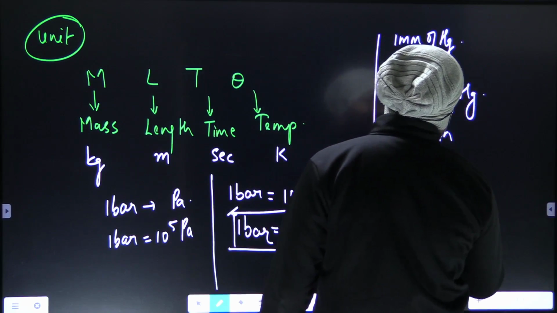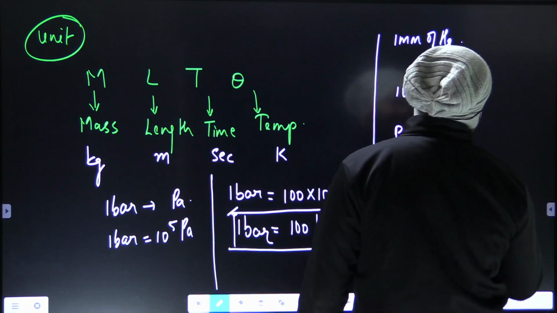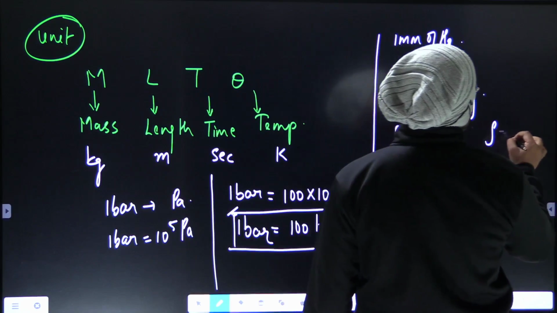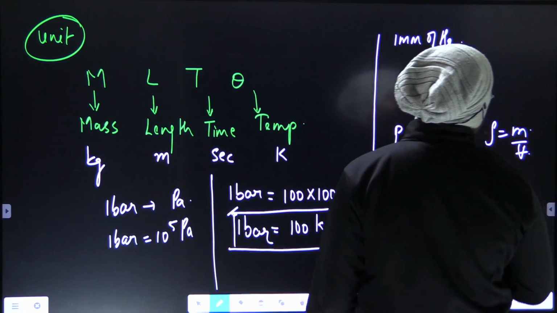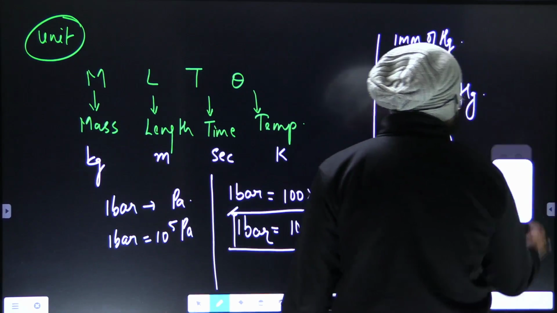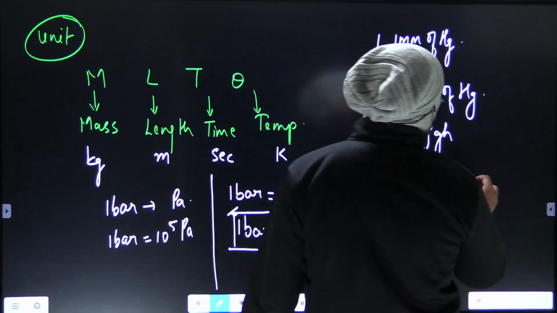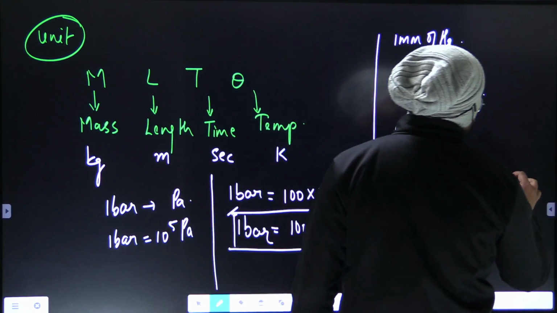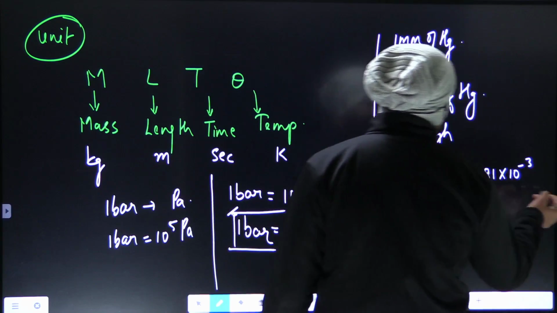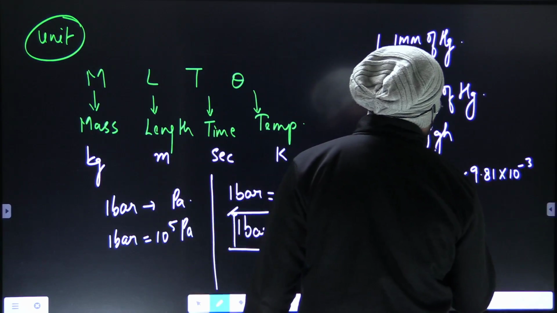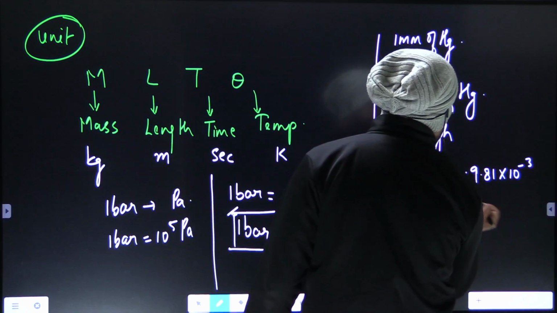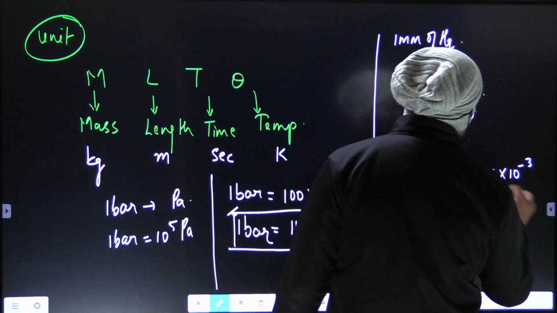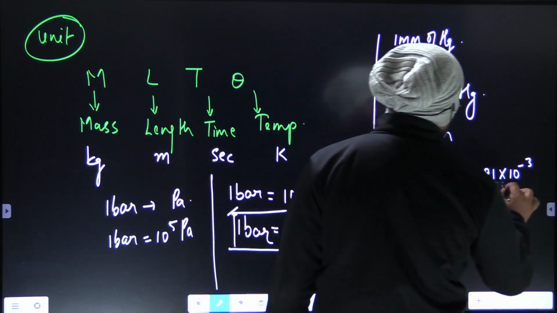The density rho is 13,600 kg per meter cube. Why? Because rho is mass per unit volume, hence kg per meter cube. Into 9.81 meter per second squared times 10 to the power minus 3. If you solve it, you are going to get 132.33 Pascal. That is your pressure.